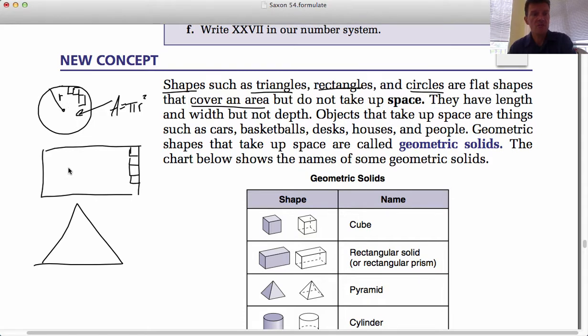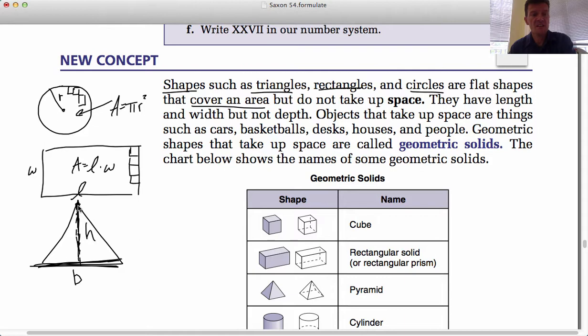And the area for a rectangle is the length, which is usually the longer side, times the width, length times width. For a triangle, it is the length of the base, and then if you go straight up and down, perpendicular to that base, to the other vertex there, that is the height.